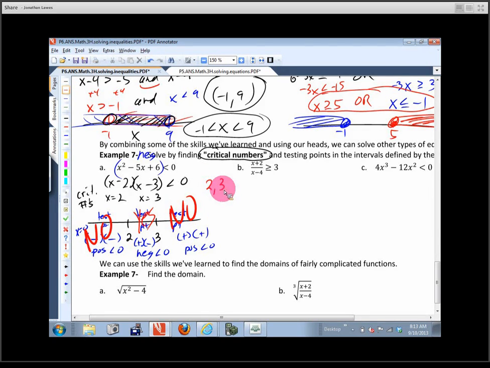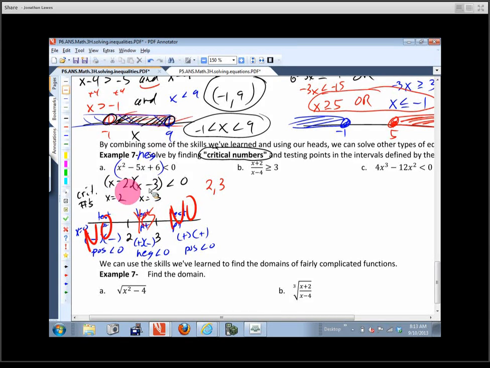Now the question is, do I include the endpoints or not? So should I do round brackets or square brackets? Brandon, what do you say? Why not? It would actually be, if you plug in a 2, remember what we got here, these are the zeros.